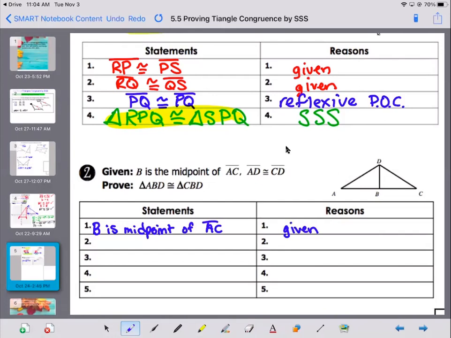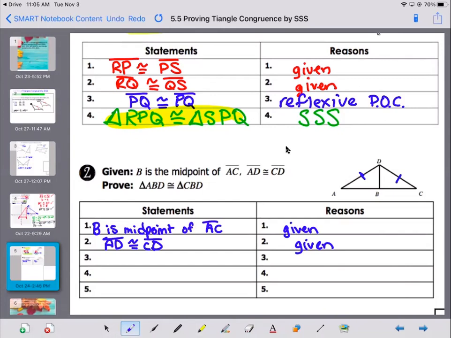And then I have AD. Okay, so before we move on from our givens, let's go ahead and mark our picture. Line 2 is probably easiest. We have AD is congruent to CD. So that one's good.